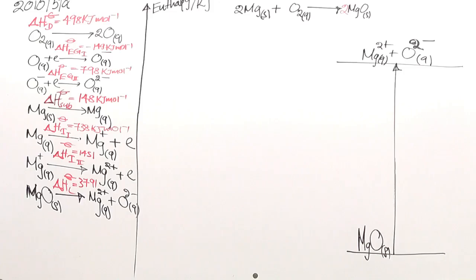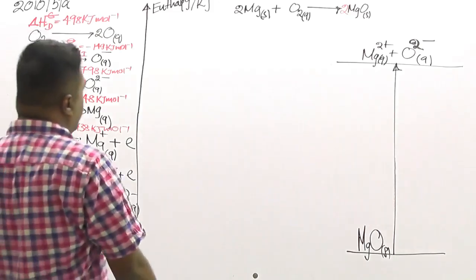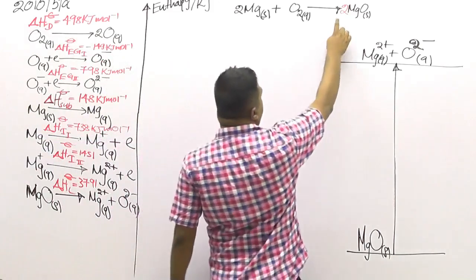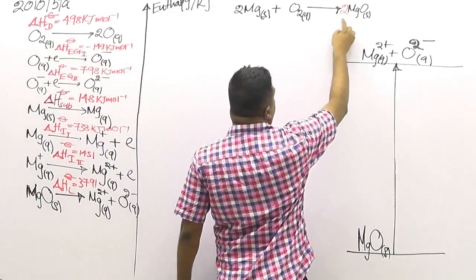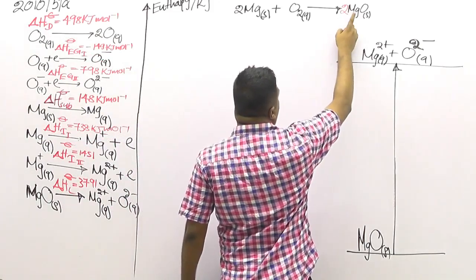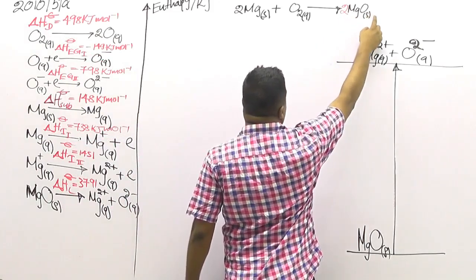I just mentioned it to get an idea. So here you can understand you have 2 moles of MgO solid.